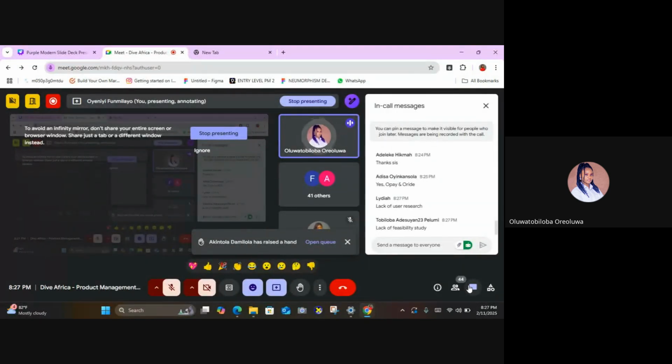Every PM or product manager should know that the first thing you do before you solve a user pain point or a problem is to make sure you have enough research, find out what the user wants, how they think the product should be, how they want to navigate it, and how the product should look. Then from there you can continue.